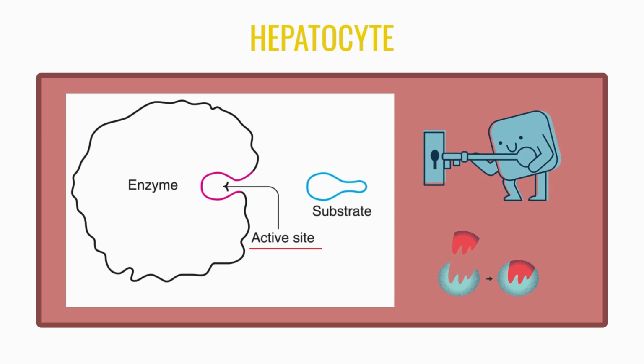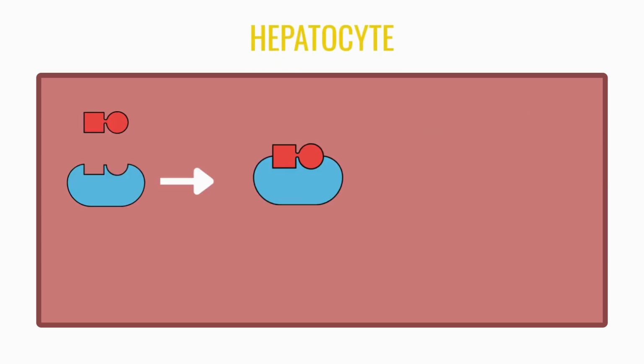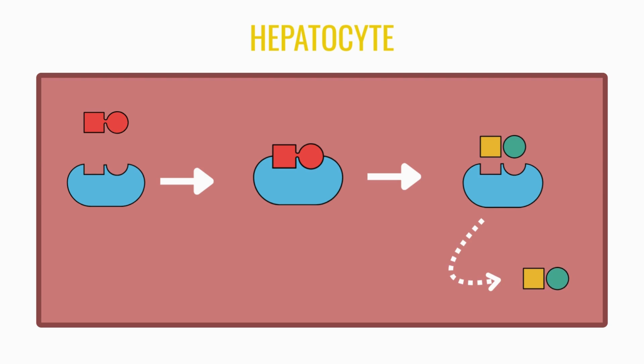Here, the drug molecule or chemical is called a substrate. These enzymes then do their job, which is changing the substrate into product. Once done, the product leaves and the enzyme is ready for the next drug molecule. Got it? Let's see an example for better understanding.